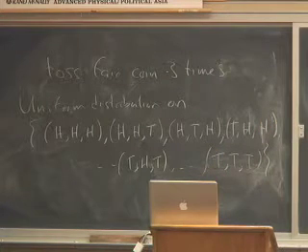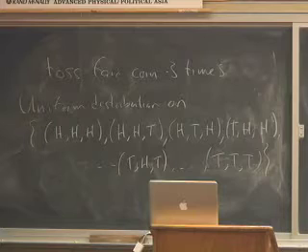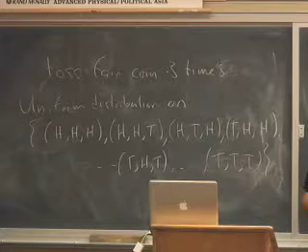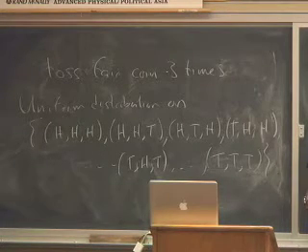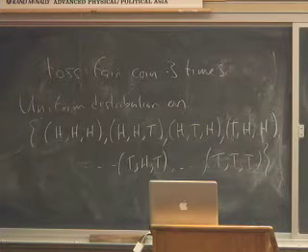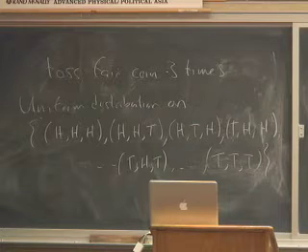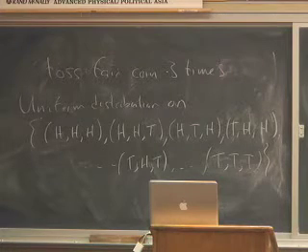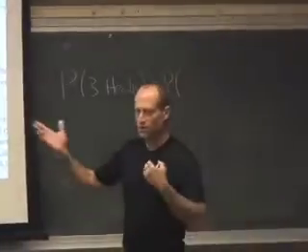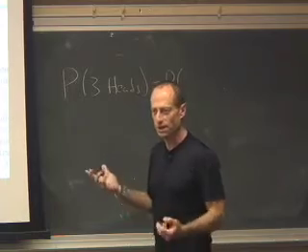So far, so good? Okay. So what is the probability that I get 3 heads? What is the subset of outcome space that corresponds to getting 3 heads?